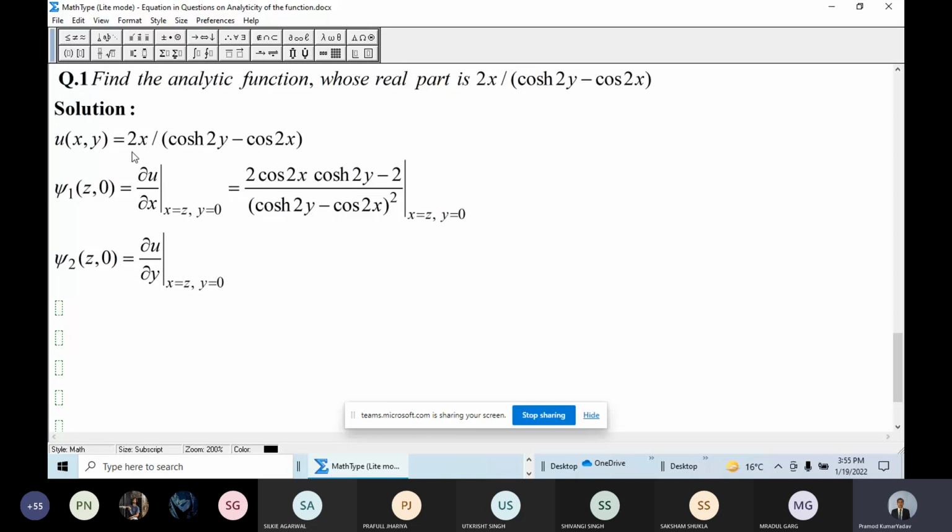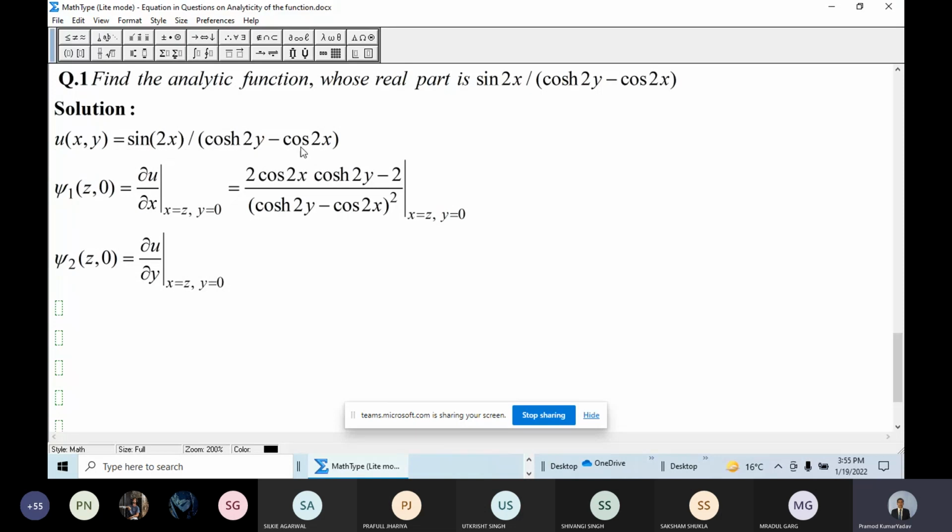Question is sine 2x. There's some change in the real part, it is not only 2x, it is sine 2x. So here sine 2x. So denominator into derivative of sine 2x is 2 cos 2x, 2 will come outside, minus numerator and derive this one.